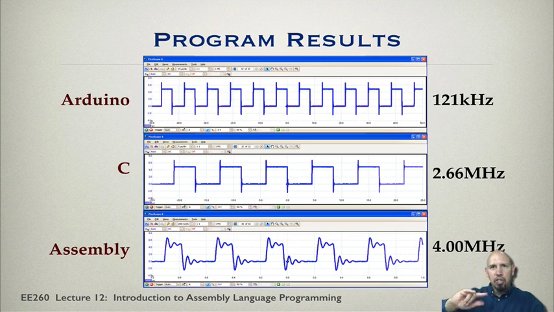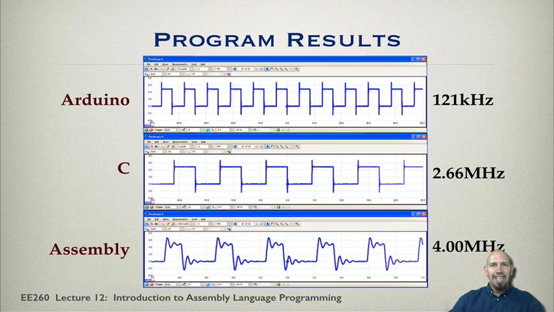It takes at least 2 clock cycles, one to set and one to reset, and then 2 more clock cycles to do the bookkeeping. So each time through the loop requires 4 clock cycles. That's pretty fast, and it's basically as fast as you can go, 4 megahertz.